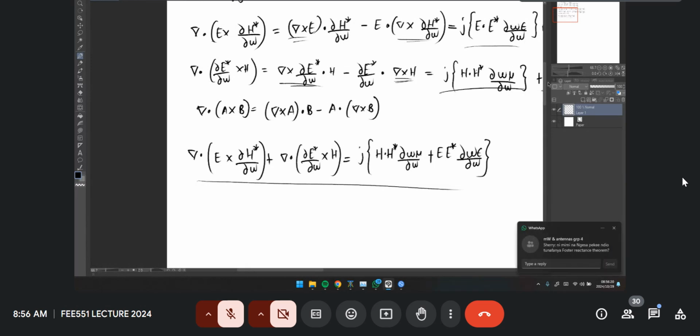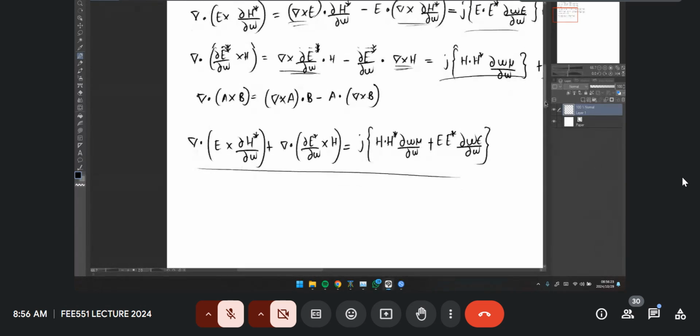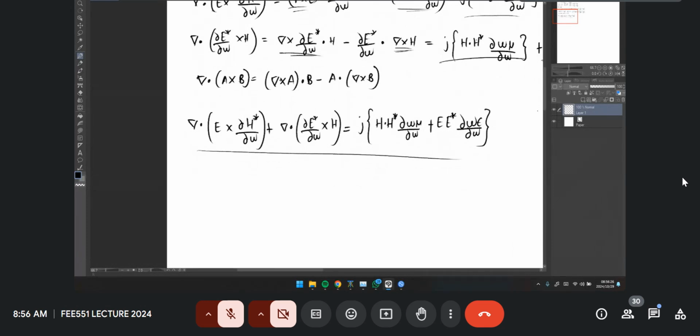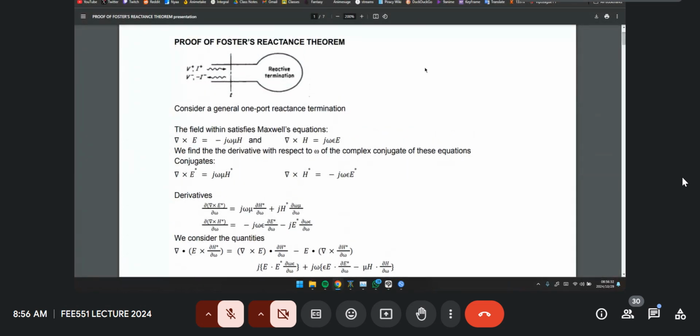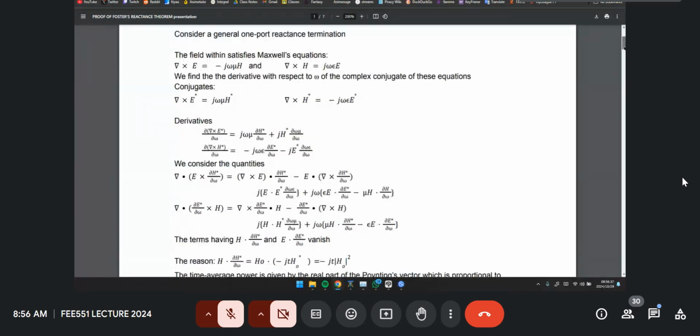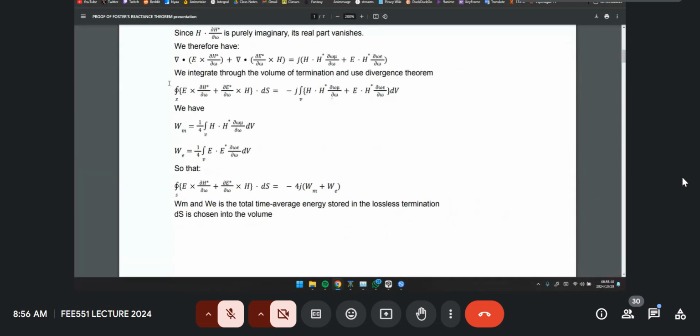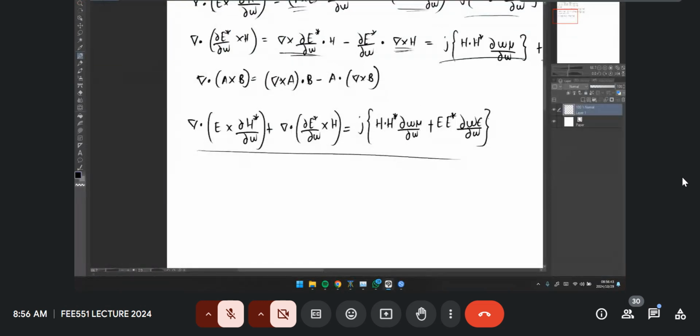Okay, now this is the part that will be used to find the reactance theorem. So when you consider this termination volume, and then we integrate across that path and use the divergence theorem here. Divergence theorem states that the integral over V of the divergence of F dV is equal to the closed surface integral of F dA. I hope you can all remember this.